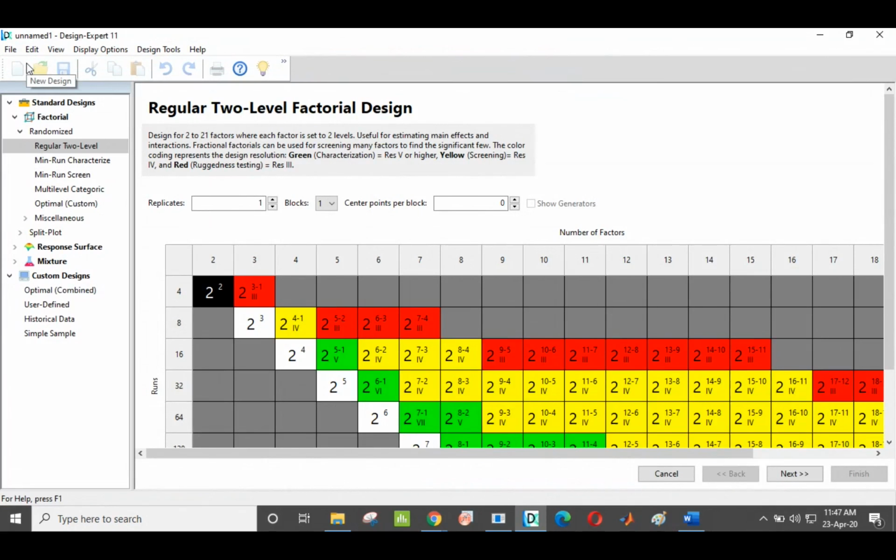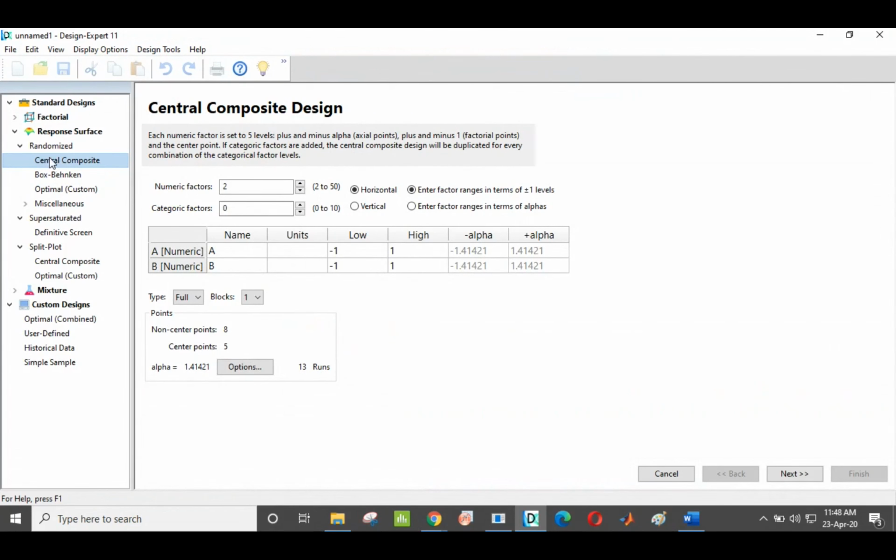So in that new design, go with response surface, randomized. The first one is the central composite. Just click the central composite. In Box-Behnken design, the minimum number of numerical factors that we can analyze is 3. But in the case of central composite design, the minimum number of numerical factors that we can analyze is 2. So here I am going to take it as 3.